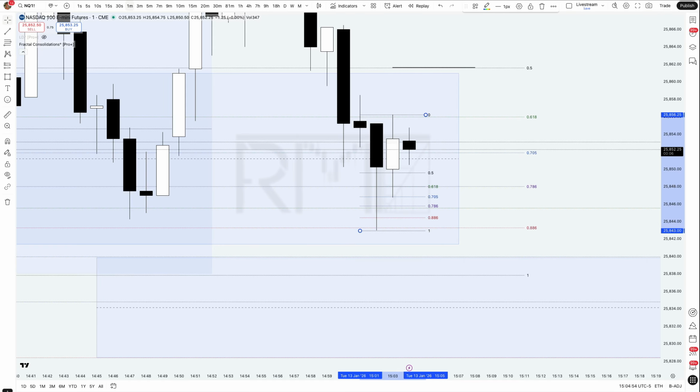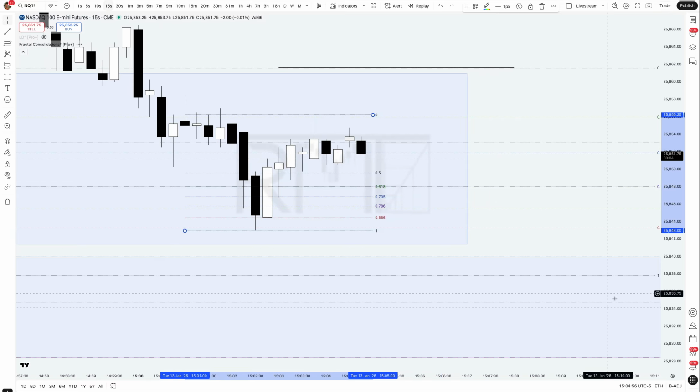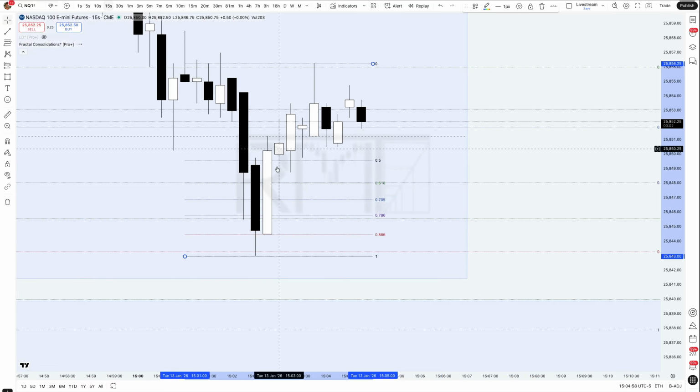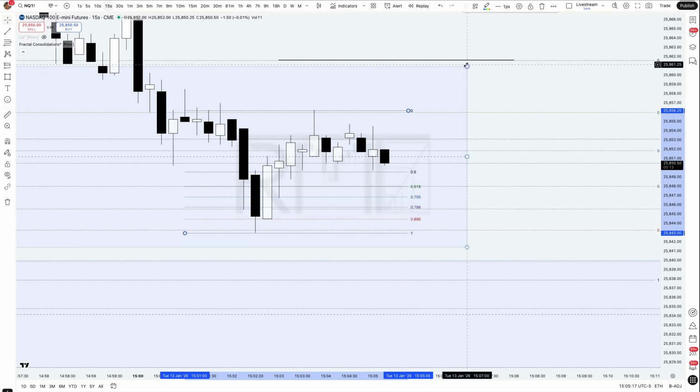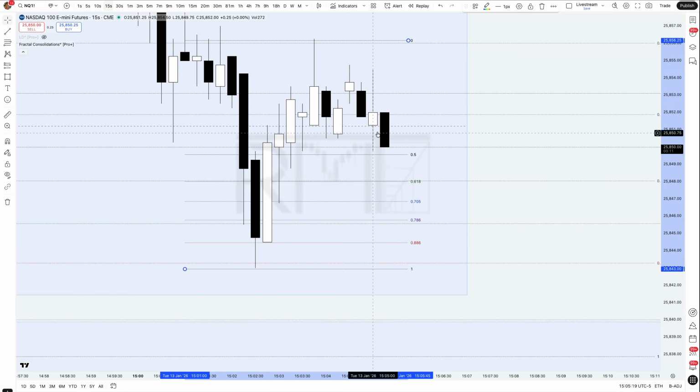And if I go to the 15-second chart, we can see the same, just bullish candles, a small bearish one, and even the body is above the 50%, even on the 15-second. And above 50% of the 0 and -1, the dotted line here, price is above 50%.